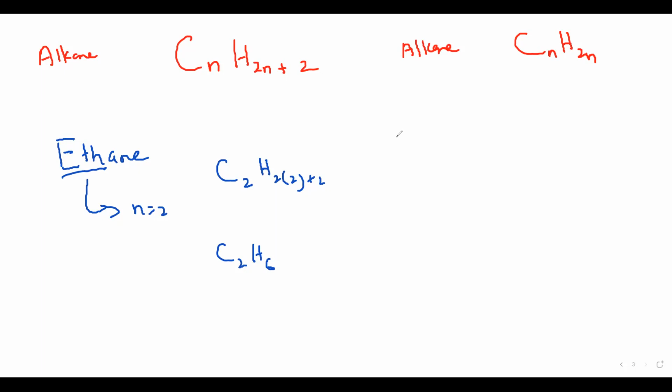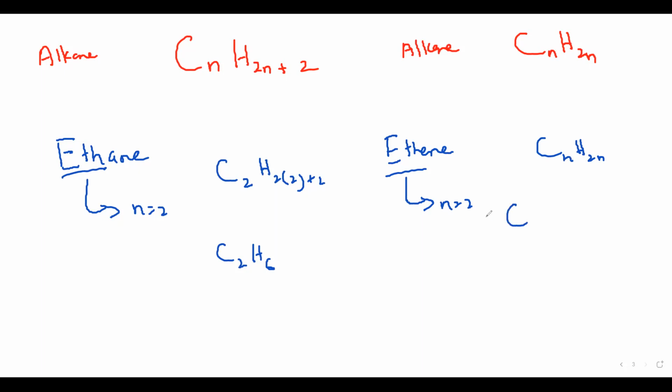And if we want to write a formula for ethene, eth means what? 2 carbon. n is equal to 2. But because it's an ene, the general formula is CnH2n. So the number of hydrogen is always twice the number of carbon.